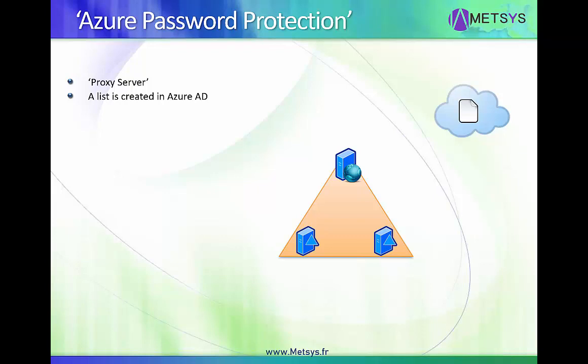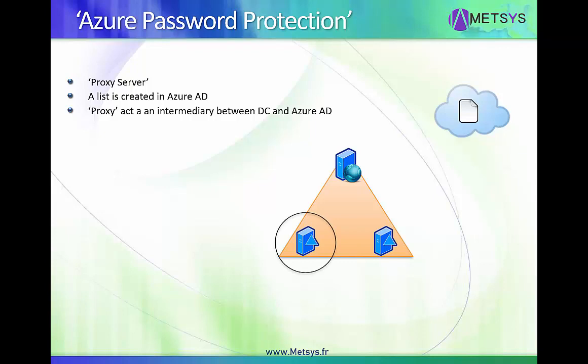So what is the job of the proxy server? The proxy server acts as an intermediary between the DC and Azure Active Directory. This server will be responsible for handling the request from the domain controller to Azure and that list.